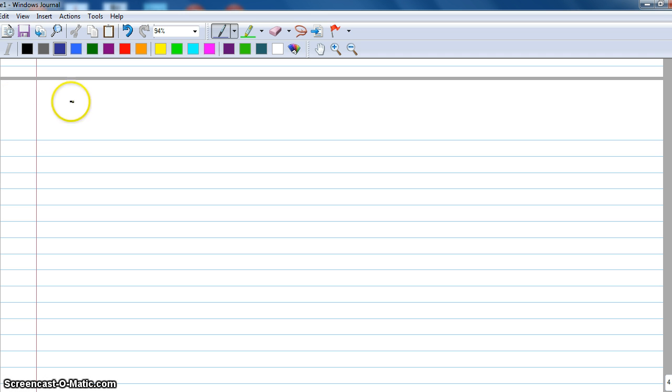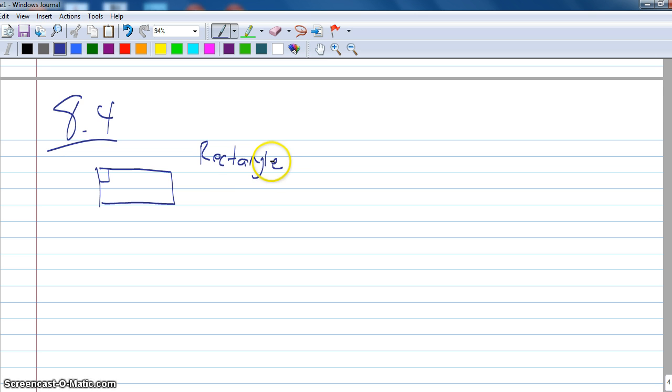And then finally, in 8.4, I think I gave 3 questions from 8.4. One of them gave you a shape, something like this. And I said, what shape is that? Well, it's a rectangle. Why? Then you have to tell me why.